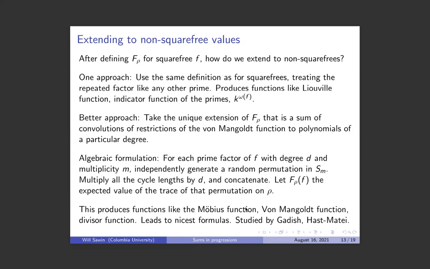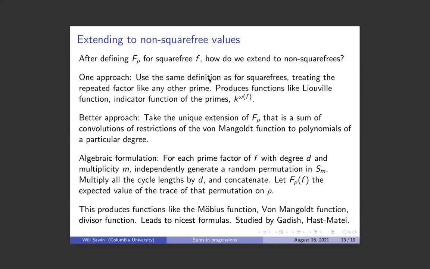And so then we want to extend these functions f rho from square-free polynomials to non-square-free polynomials. And it doesn't really matter how we do this, any kind of choice we can sort of go back and forth between, but I'm going to choose the choice that gives really nice formulas, and it's also sort of geometrically very nice.